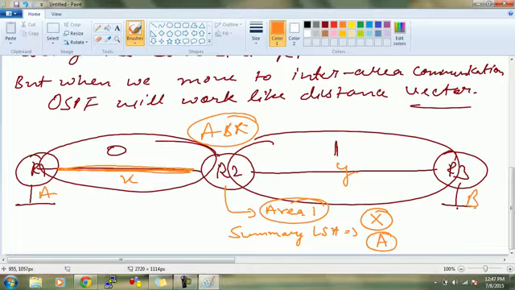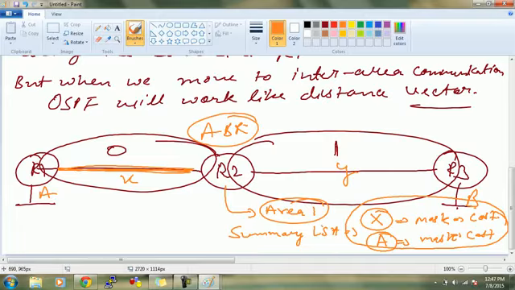Network is A. Second thing will be the mask. Third thing will be the cost. And who will advertise these LSAs in area 1? R2. It means ABR. This thing is clear? This ABR will send its own cost to reach these particular networks.